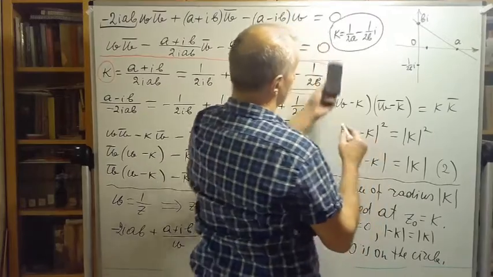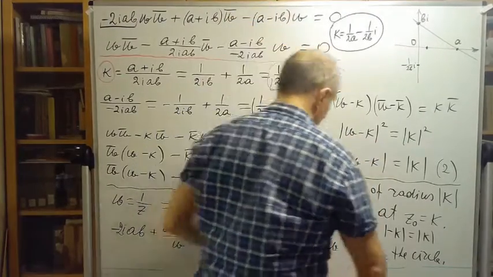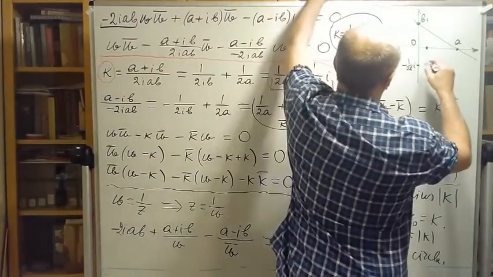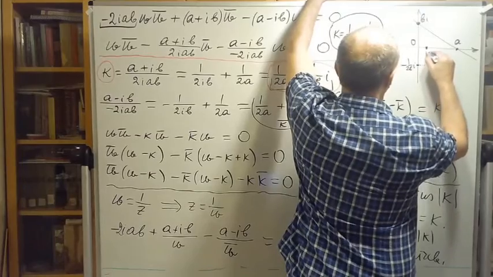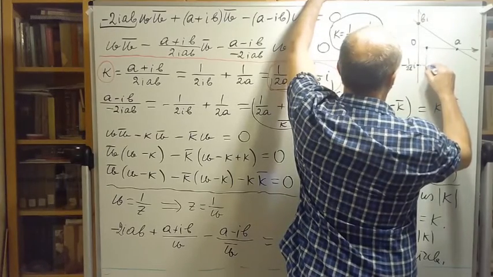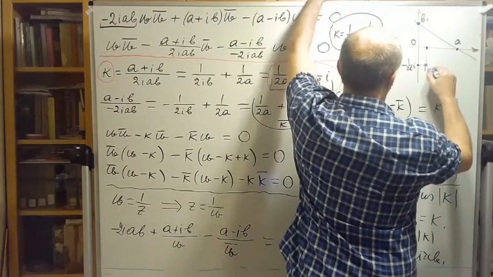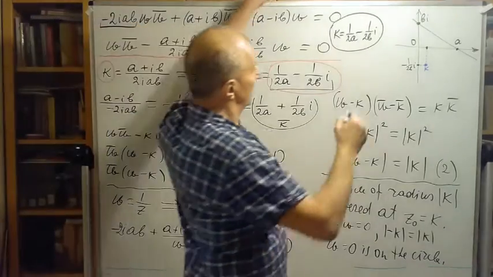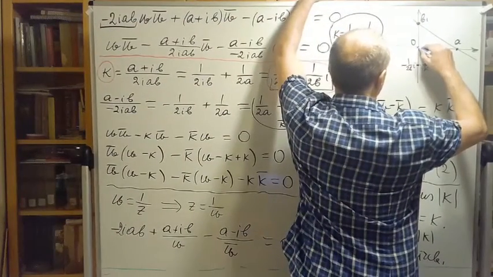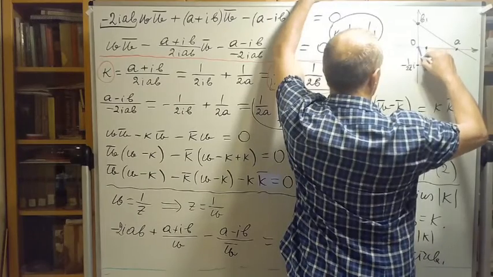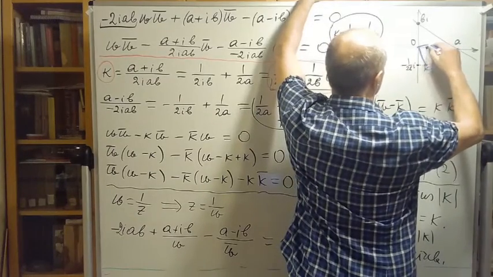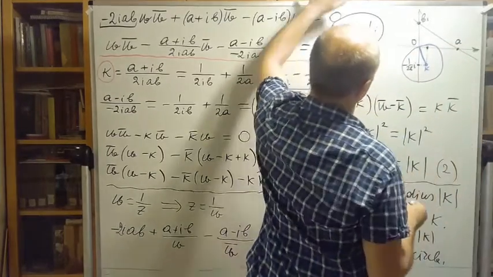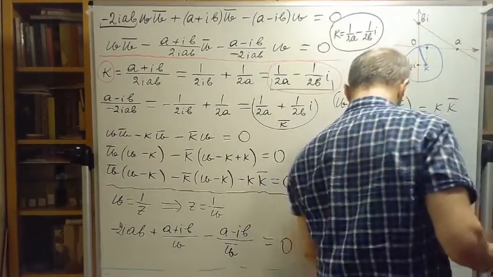And then, what happens next? We can draw this circle. The center of this circle will be here. This is the point K, right? And the circle passes through the origin, of course, because this distance is exactly modulus K. So it will go somehow approximately like this. This circle doesn't look very beautiful.